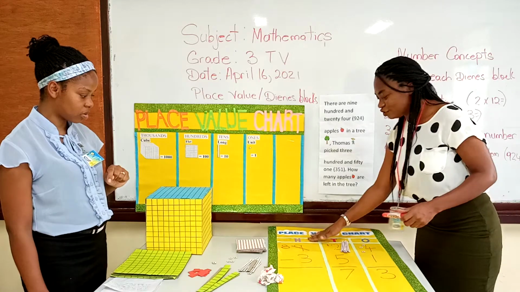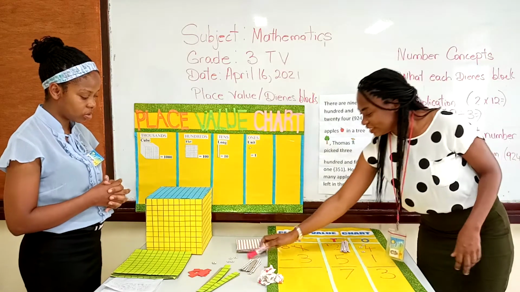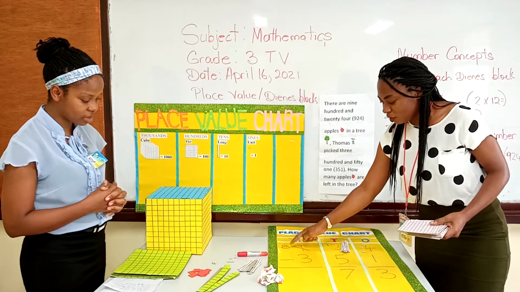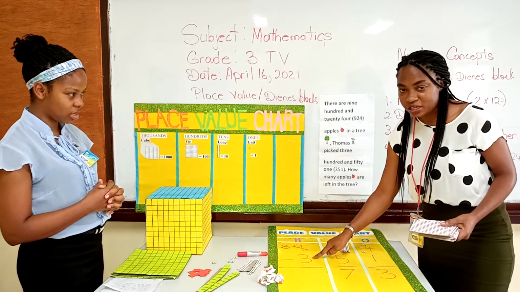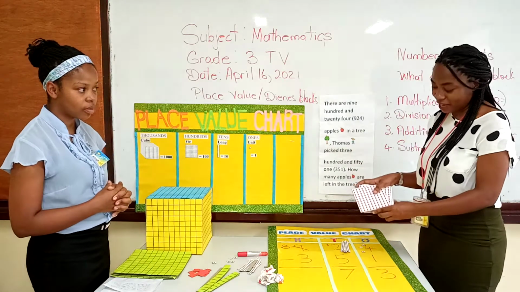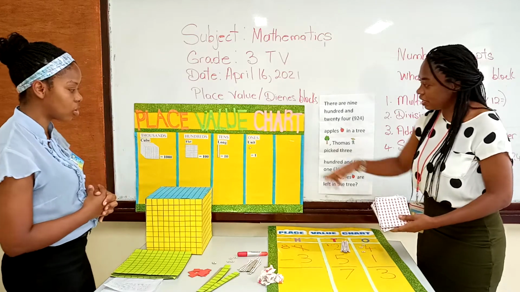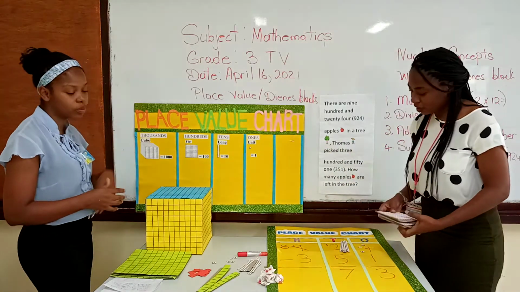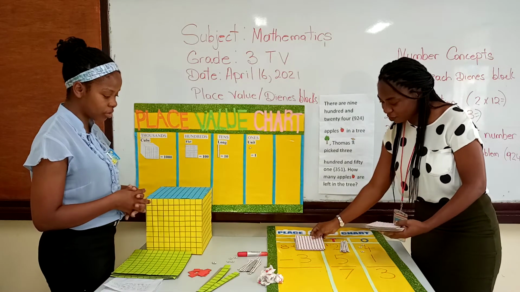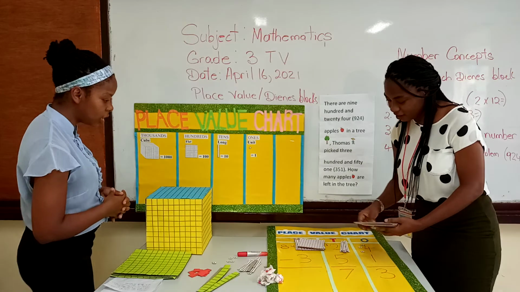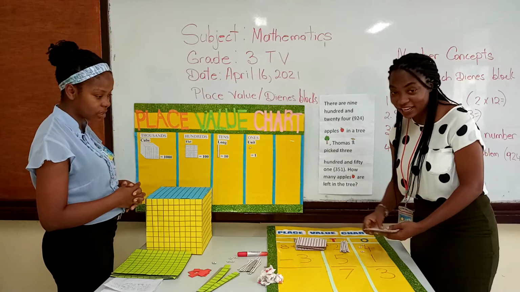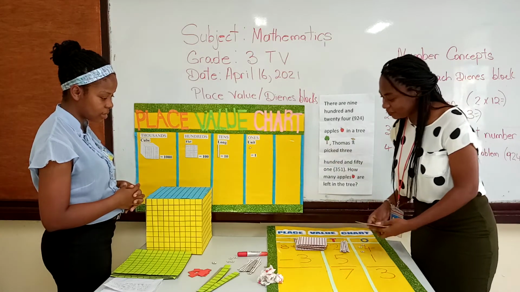Now to our 100 column. All right. Now it says 3 from 8, or 8 take away 3. So first we have to count out 8 flats. Remember that the flats represent the hundreds column. So 1, 2, 3, 4, 5, 6, 7, and 8.